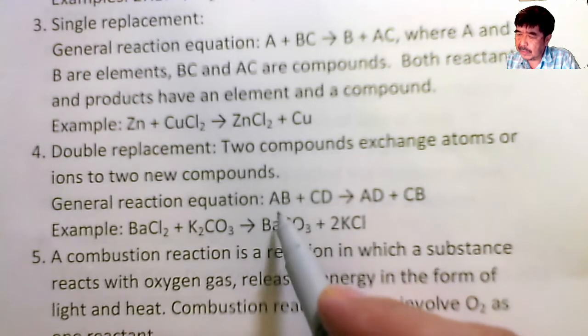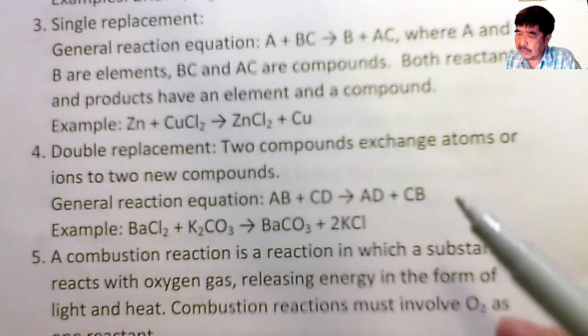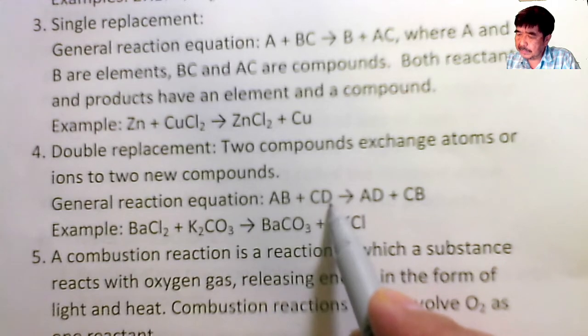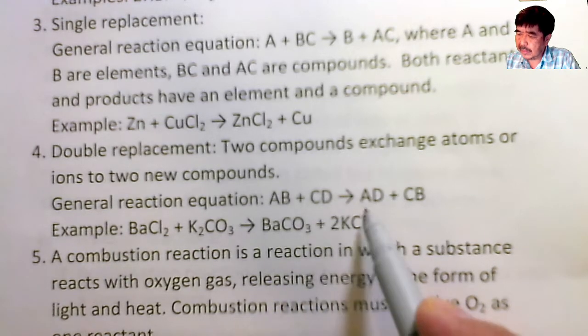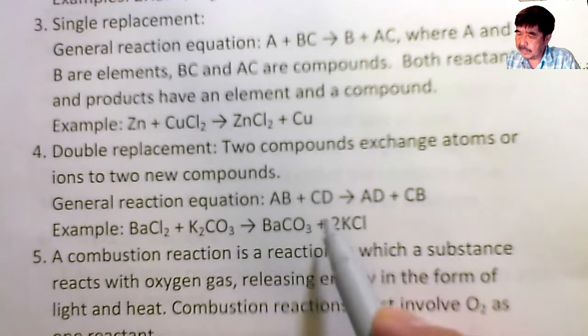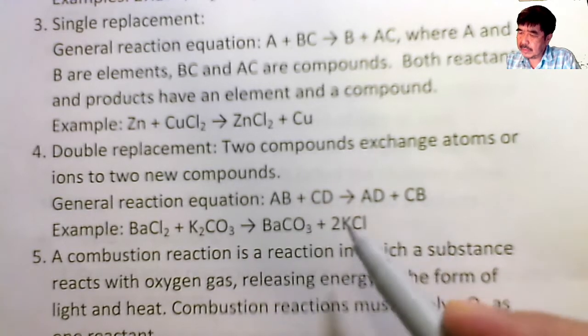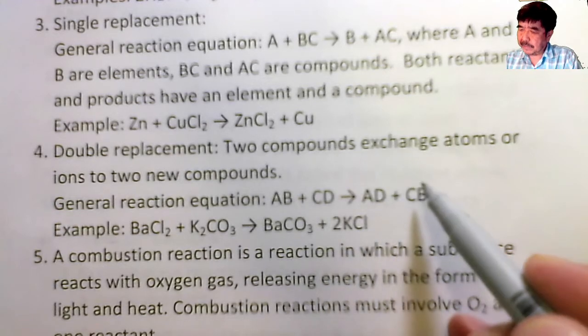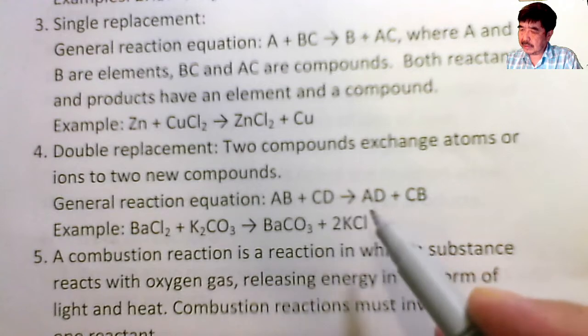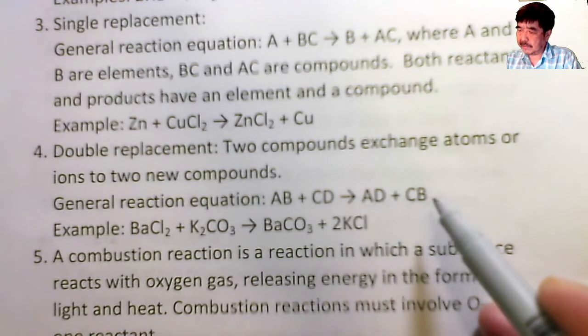Okay, the form is here: AB plus CD. A replaces C, B replaces D, becoming AD plus CB. Okay, this is a double replacement, and two compounds interact to form two different compounds.